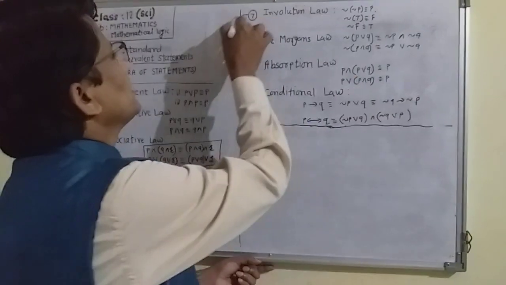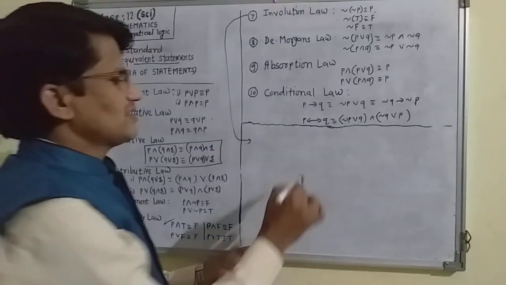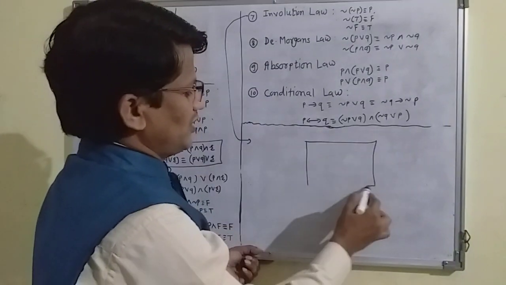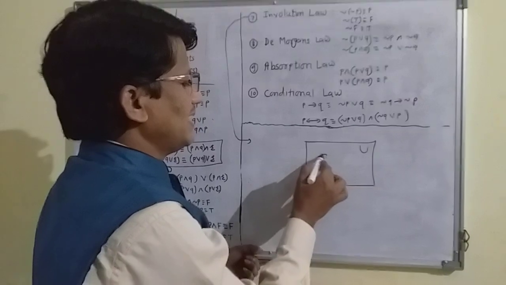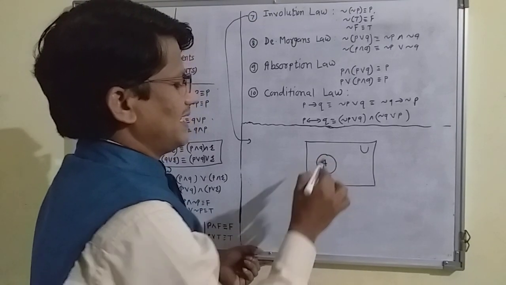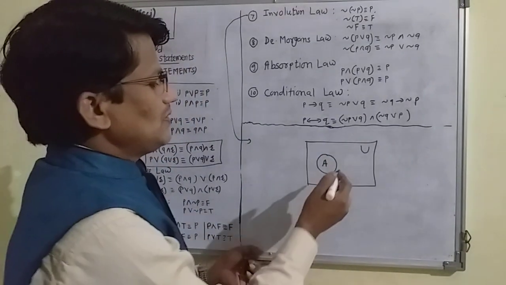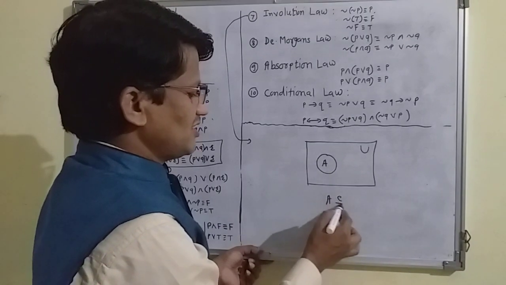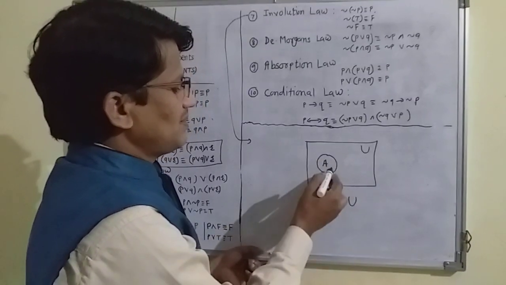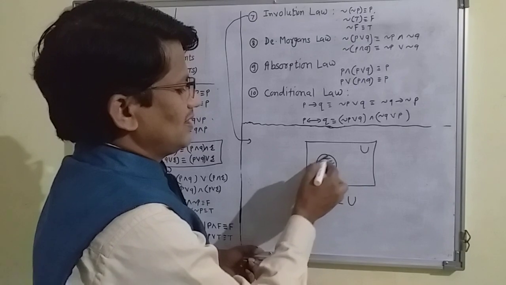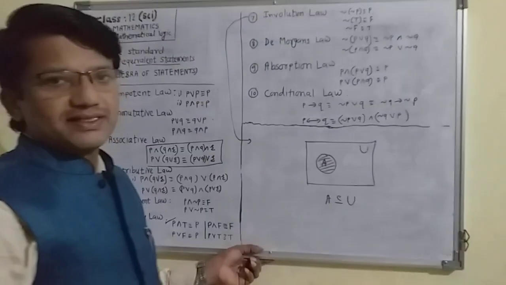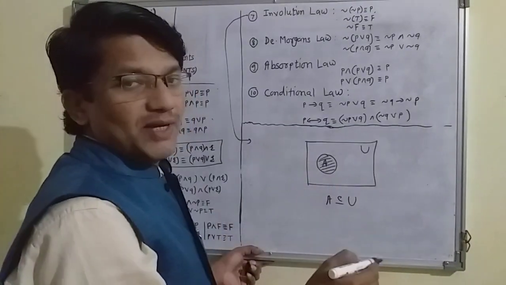We have already seen this in set theory. Suppose this is a universal set U, and this is simply A. A is a subset of U. What is the complement of this?